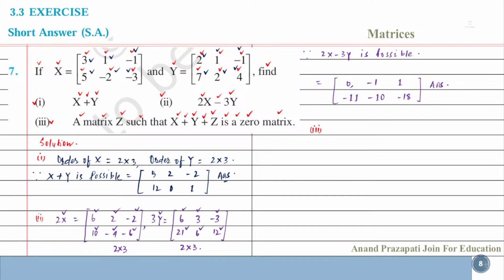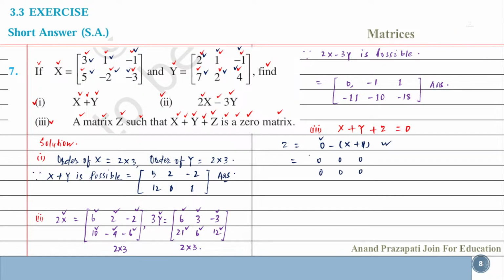A matrix Z such that X plus Y plus Z equal to 0. Therefore, we write down here X plus Y plus Z equal to 0. Therefore, Z equal to 0 minus (X plus Y). So 0 matrix of 2 by 3 will be 0, 0, 0, 0, 0, 0.